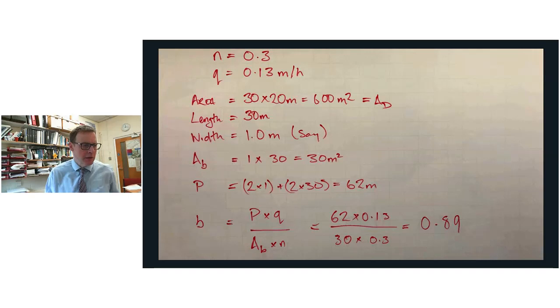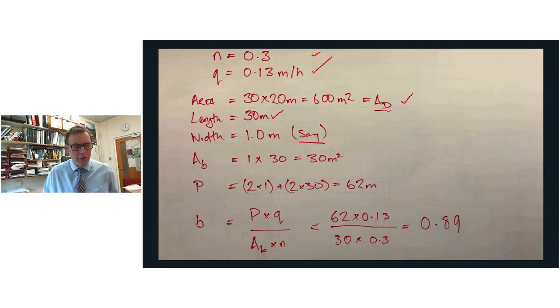So the first thing we did in class was look at what we knew. We know the porosity, we know the q rate, we know the area drained, we know the length of our device, and then we estimate a width, 1 metre.